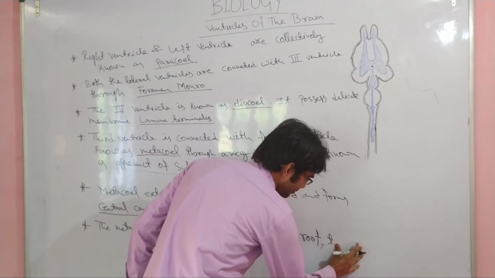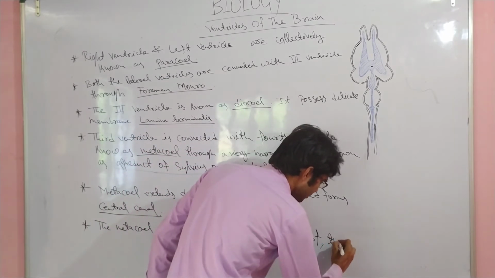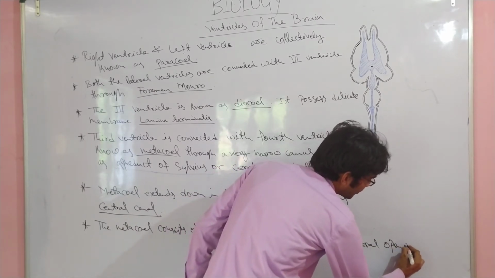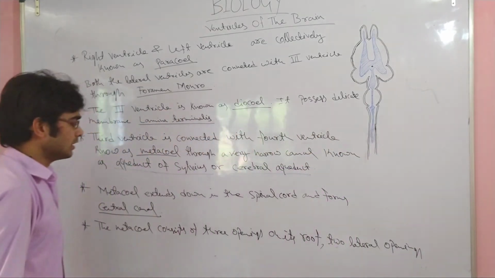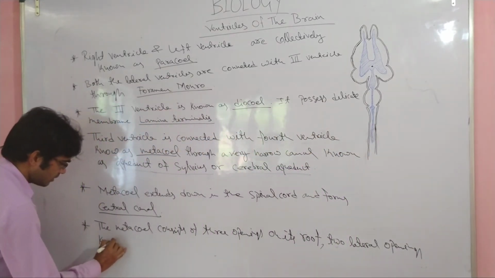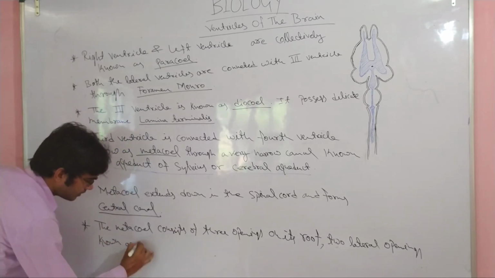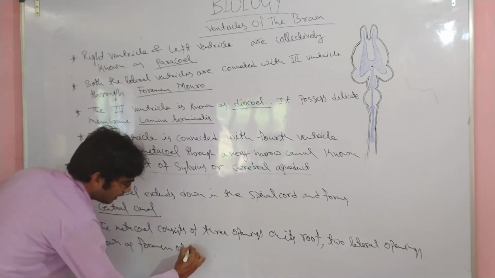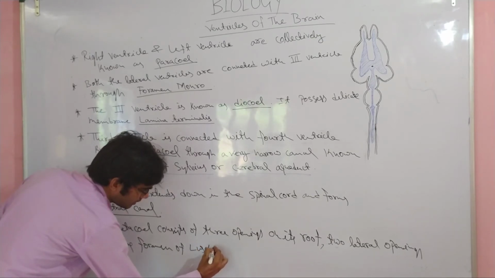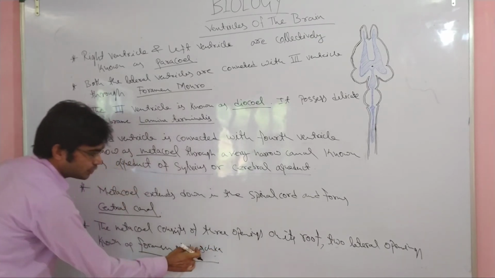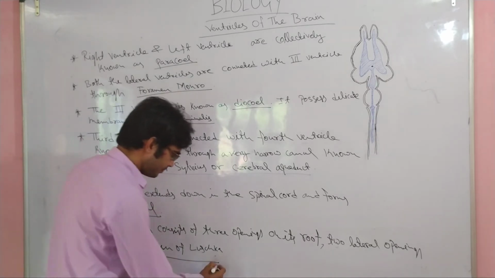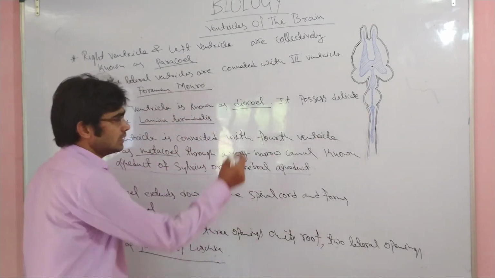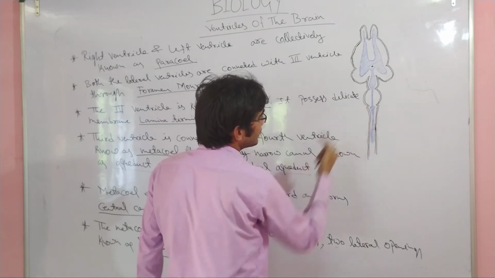Two lateral openings known as foramen of Luschka, and a median opening present in the center of the fourth ventricle.